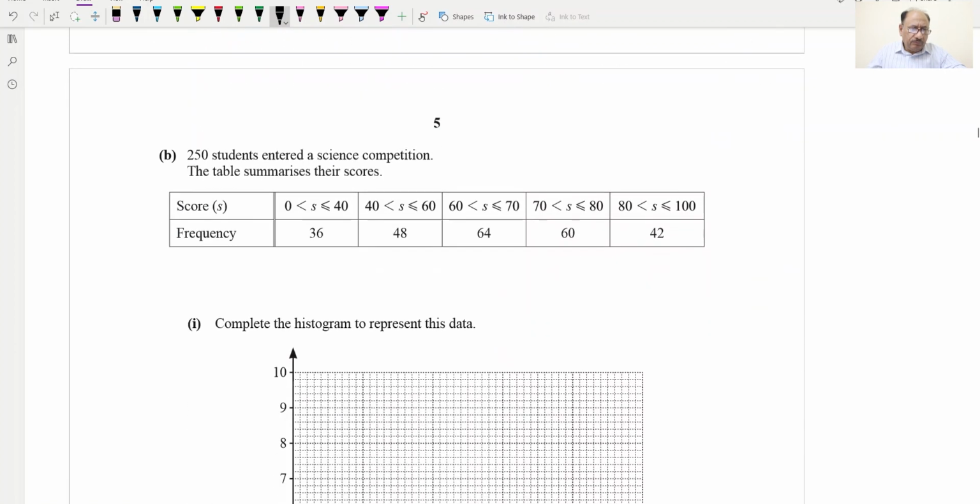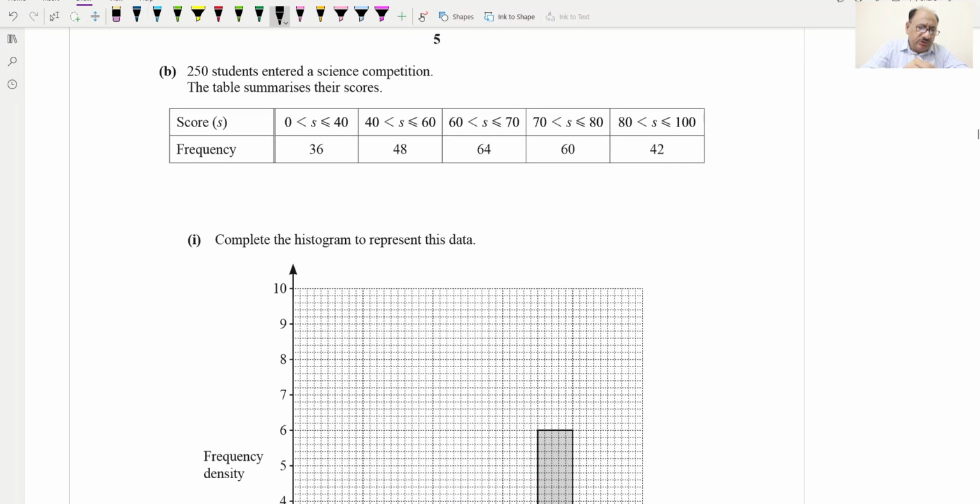Now part B says 250 students entered a science competition. This table summarizes their scores, and frequencies are provided, and their ranges are also given. Part 1, complete the histogram to represent this data.